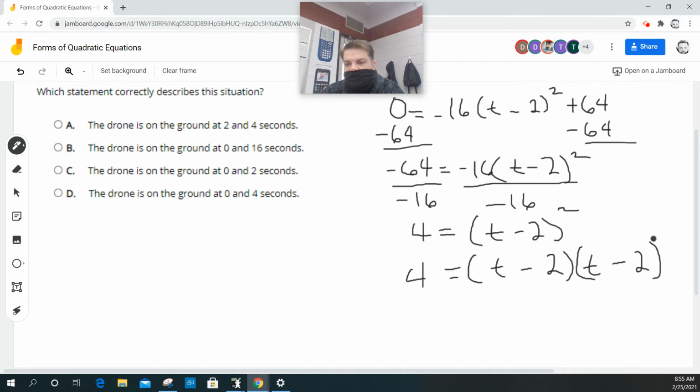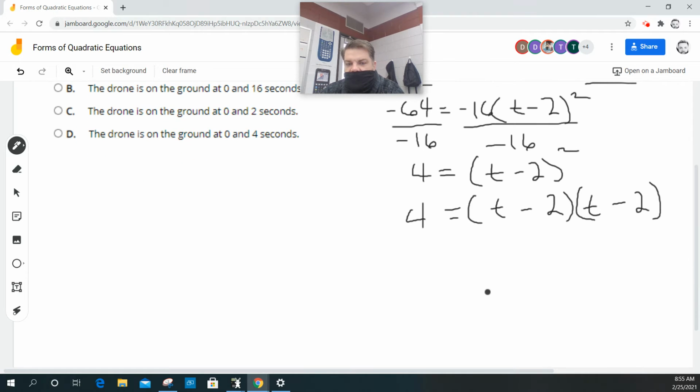Well, there's two choices, right? We're lucky in the sense that I could figure out this problem. I need two numbers that when I multiply them, they equal 4. And I can only think of those two numbers like this.